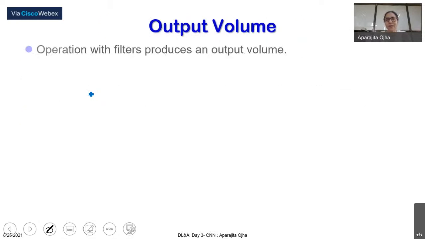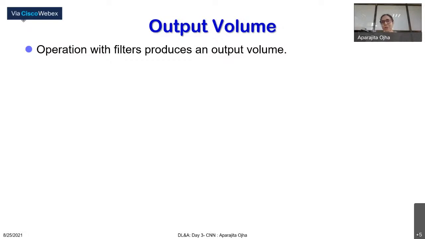All right. Now we come to output volumes. So what is an output volume? I told you that the input volume is the input image. But after the first convolution layer, the output that we will have has height, width, and depth as well, depending on the number of filters. So that is why we call it output volume.